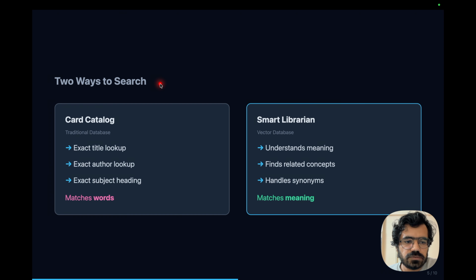So there are two ways to search. One is the card catalog. Just assume this as a library example where you have exact title lookup. You can find books by author or via exact subject headings, which match the keywords. But assume there is a smart librarian.